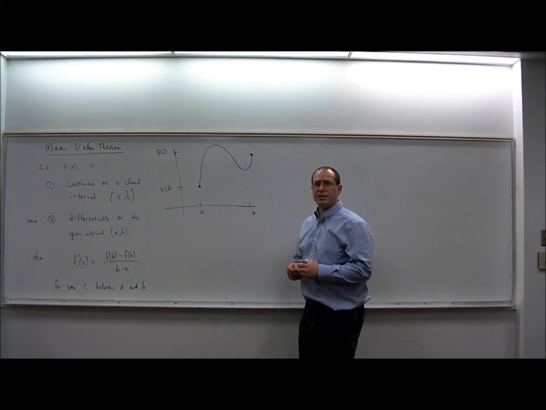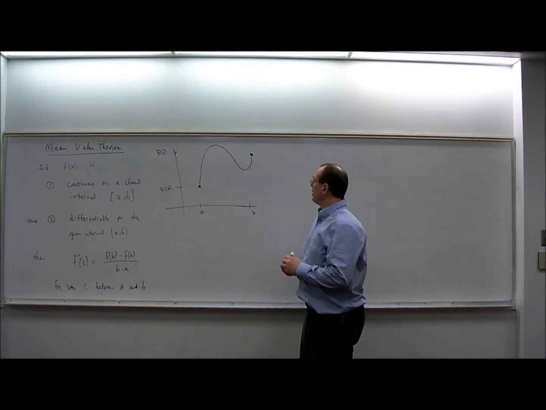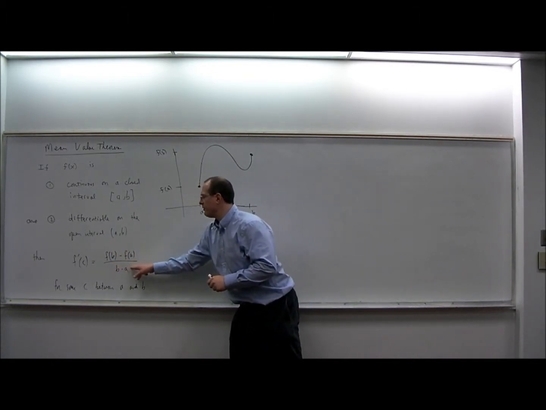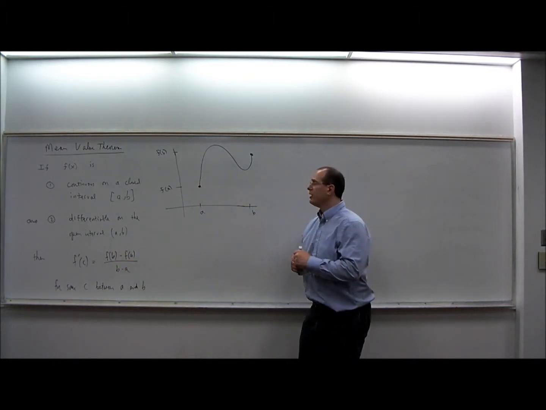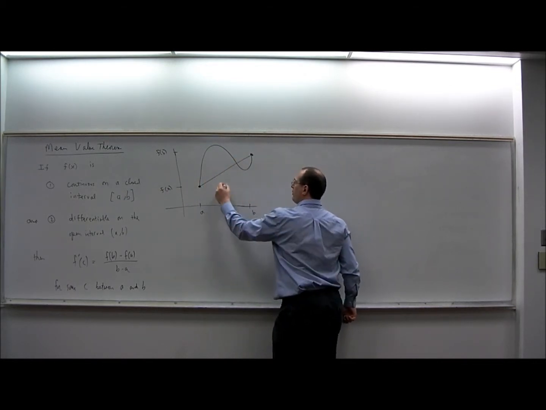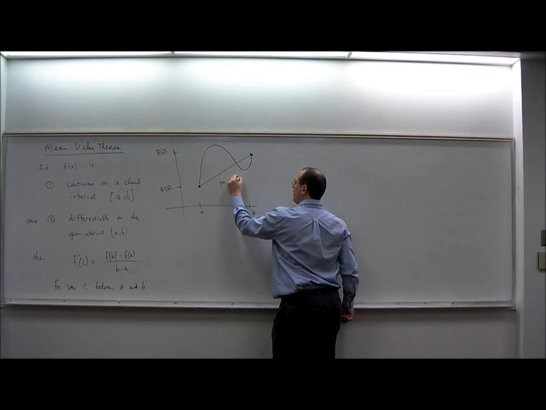Then what the theorem is saying is, graphically, this quantity, the average rate of change of the function, is also the slope of this line right here, the slope of this secant line.